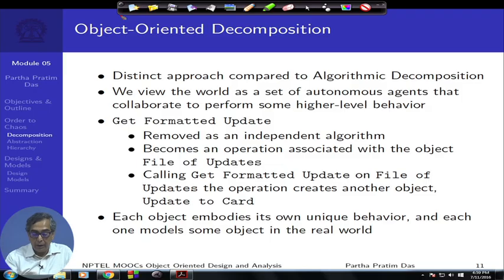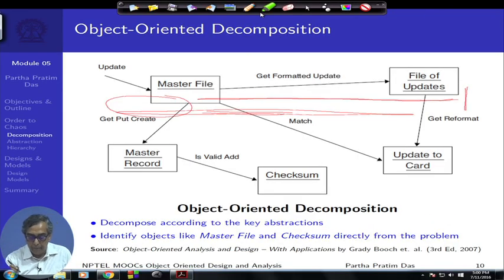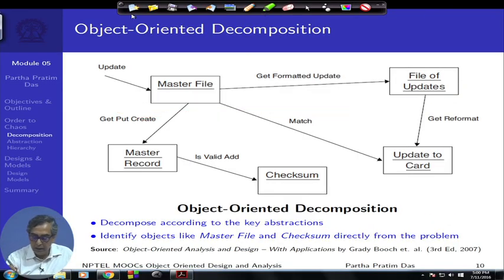If you are unclear about this, let us go one step back, and if you see here, now this file of updates object has this as a method, this as a request that master file can put to this particular object.